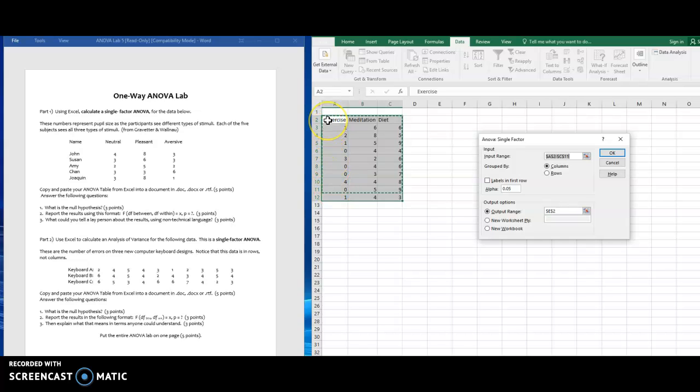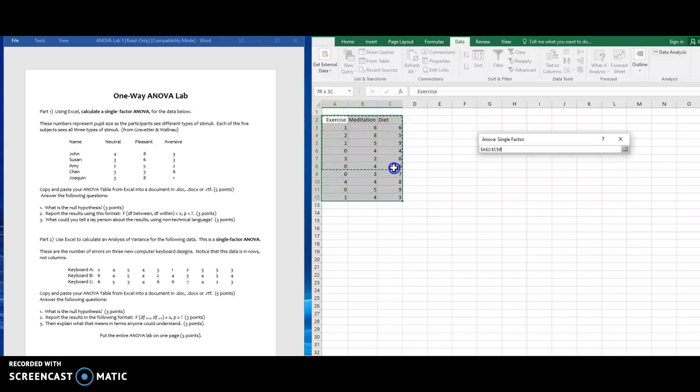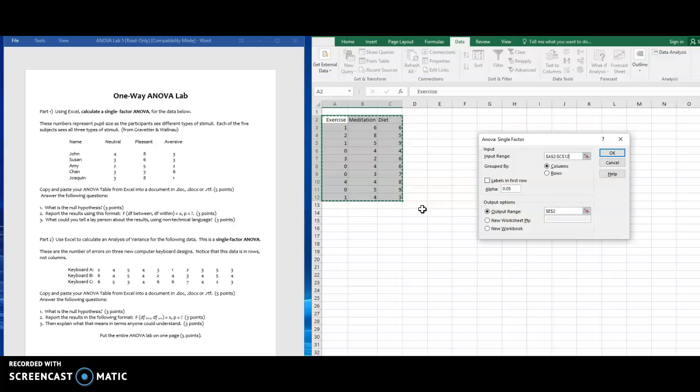Oh, well, look at that. Let's select all of this. There we go. And then notice it says, that's my input range. And then notice it says, is your data grouped by columns like it normally is, like we see over here? Or is it grouped by rows? Because otherwise it's going to think I have, what, 10 groups of 3 instead of 3 groups of 10. All right, and then I covered up the labels up here.